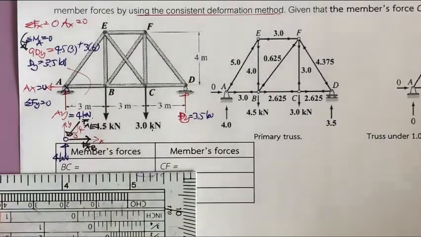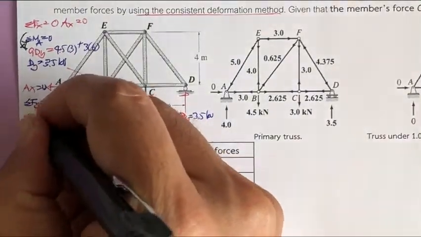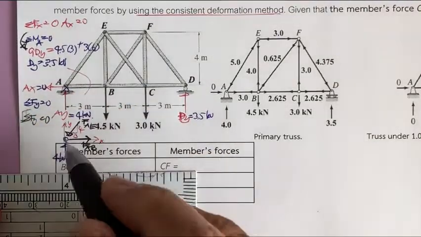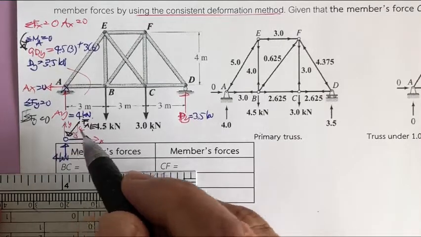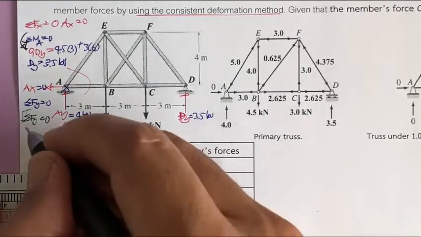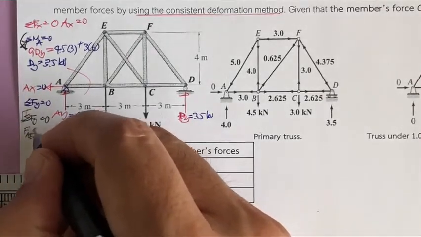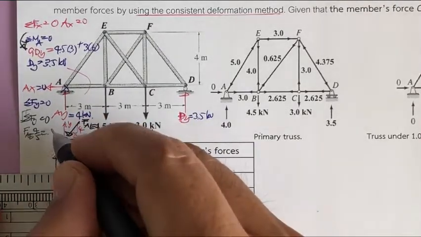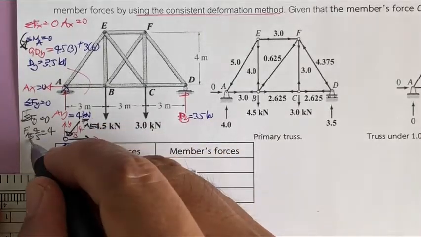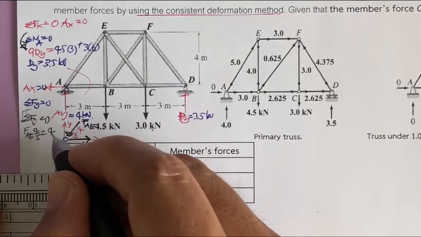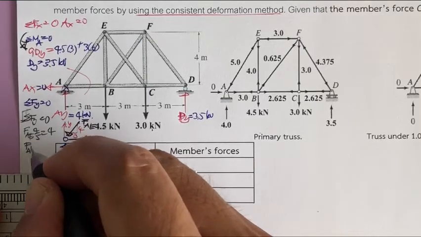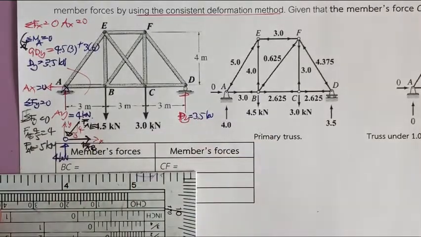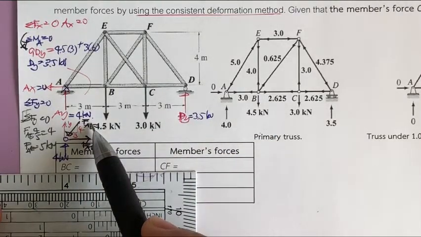So you do the summation of F sub y equal to 0, with downward positive. So you have F sub AE times 4 divided by 5, and then this one is down and this one is up, equal to 4. So F sub AE will be equal to 4 times 5 divided by 4. So F sub AE is going to be 5 kilonewton, and this is in compression.